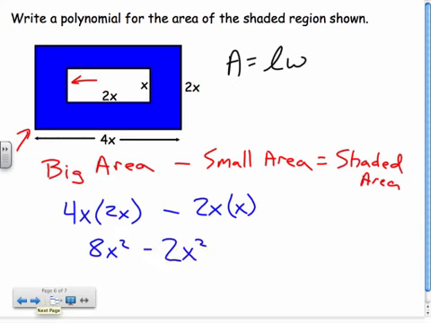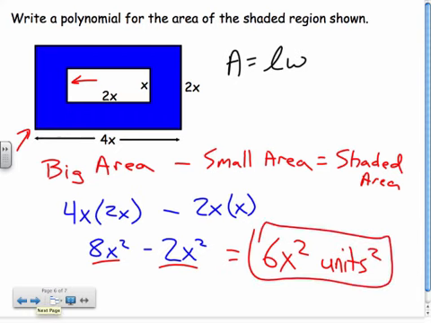And we have like terms here. They're both x squared, so I can combine those to give us a 6x squared for the area. And we just say units squared because it does not specify any units. All right, so you just got to take the big area minus the small area and just go through some algebra there.